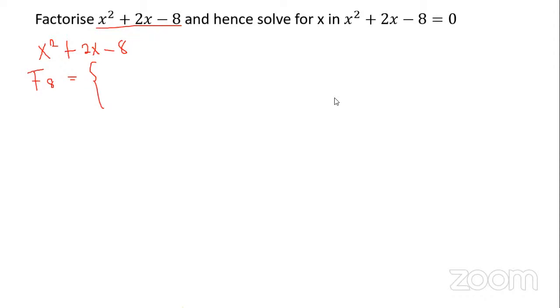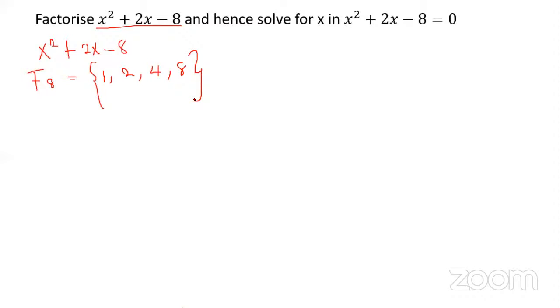We can begin by listing the factors of 8. Monique, can you list for us the factors of 8? The factors of 8, we have 1, 2, 4, and 8.